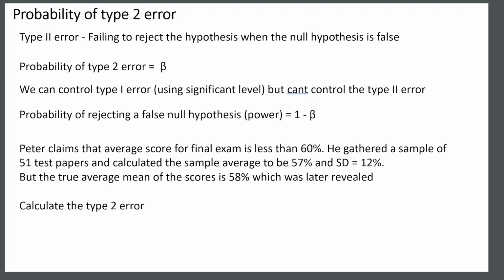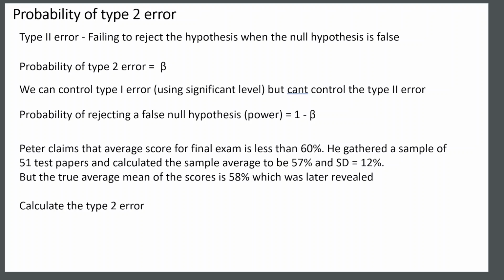Here, Peter claims that the average score of the final exam is less than 60%. He gathered a sample of 51 test papers and calculated the sample average to be 57%, with a standard deviation of 12%.